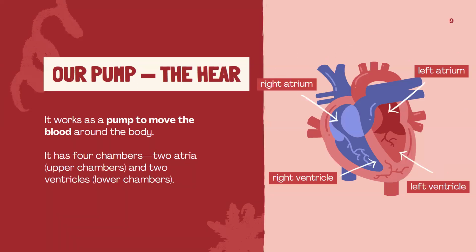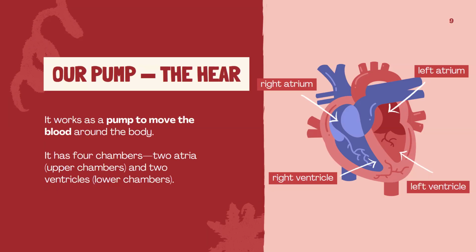The heart works as a pump to move the blood around the body, and in humans and animals it has four chambers. We can see two chambers on the upper side and two on the lower side, or we can call them left and right.